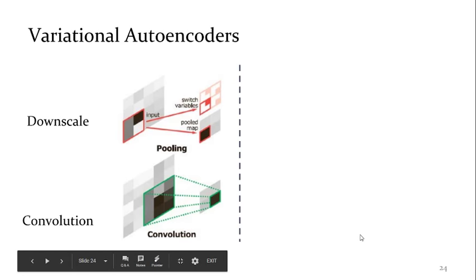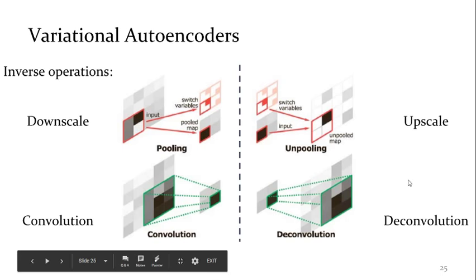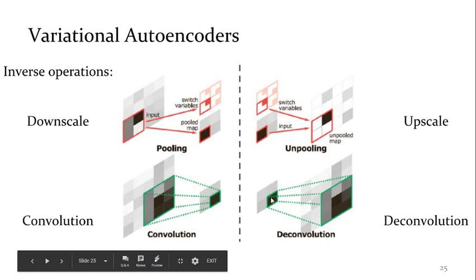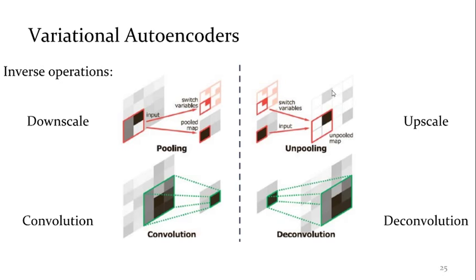There are two inverse operations to these, which do the same but the other way around: upscaling, from one pixel getting more, and deconvolution, going from one pixel into a bigger area. While the first went from a big image to a smaller representation, these inverse operations move the other way around.